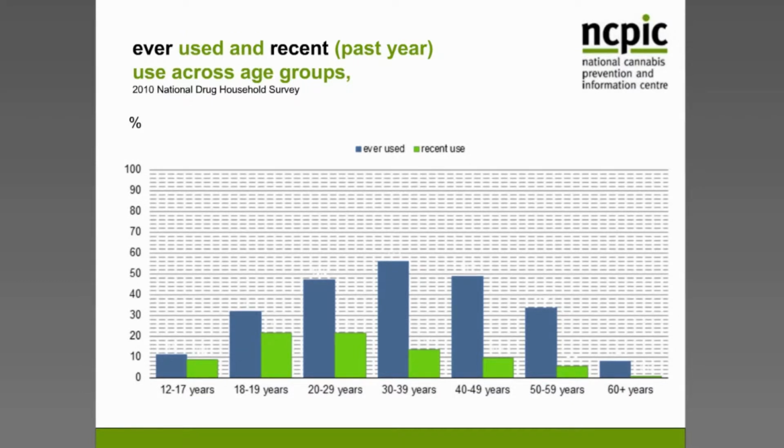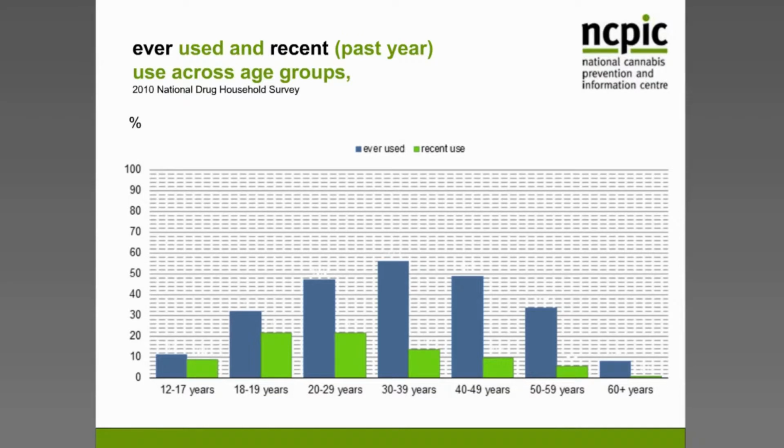But have a look if you can at the 2013 household survey. This looks at ever used, and that is ever in your entire life, and recent use, which looks at the past year. As you can see, the people who most commonly use recently were between 18 and 29. Again, young people.